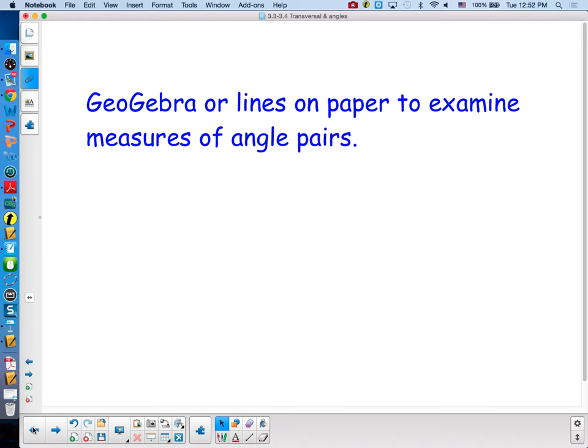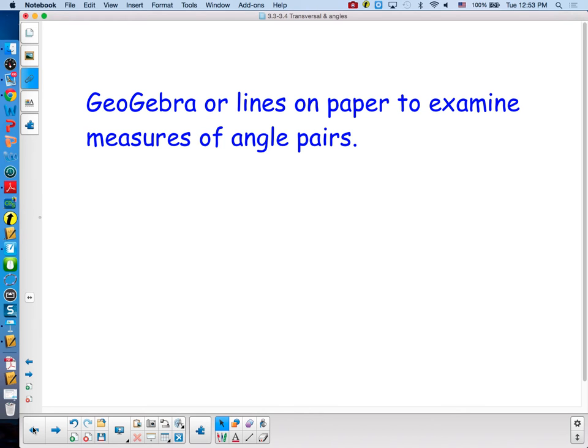Okay, do we need some help? McKenna, do we need some help getting to something? No? Okay, what does it look like the relationship is with your corresponding angles? They were the same when you did that? Okay, what I want to do is have you see, do they stay the same?